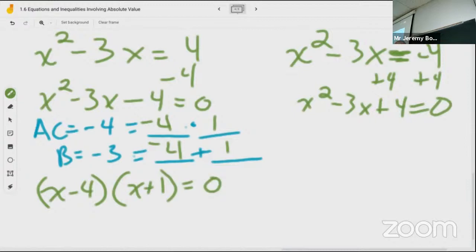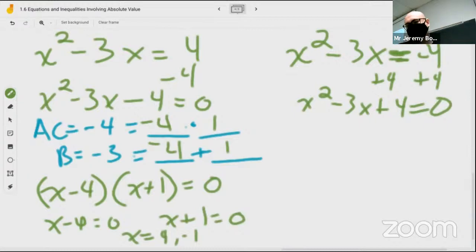And so that means that x minus 4 is equal to 0, or x plus 1 is equal to 0, which is going to result in x is equal to 4 or negative 1. So we got two solutions from that one. Questions on that one? So let's look at the other one.